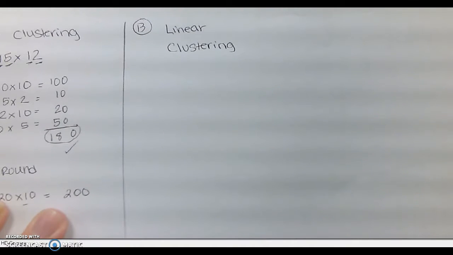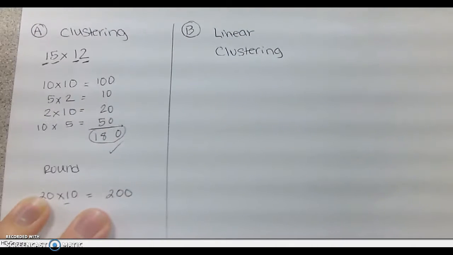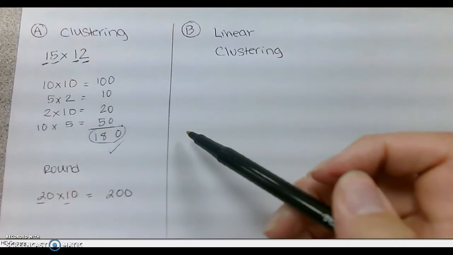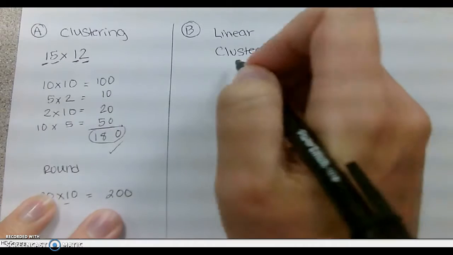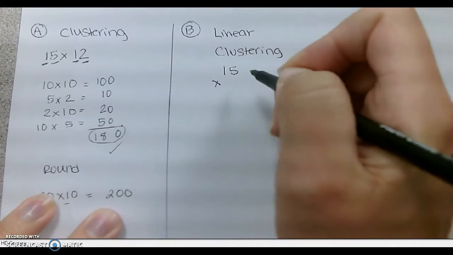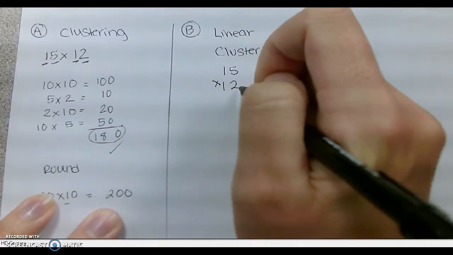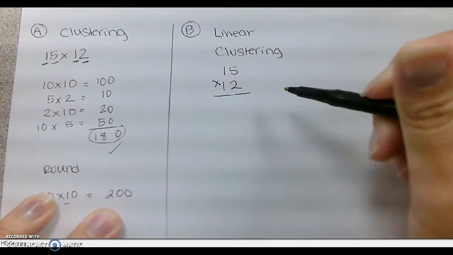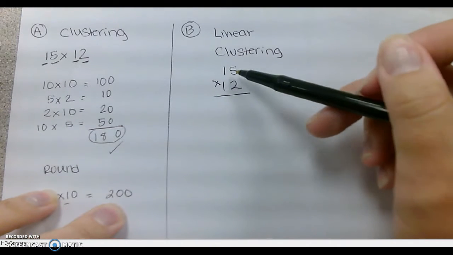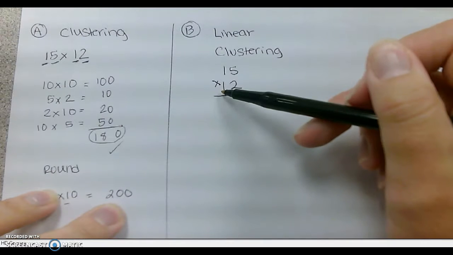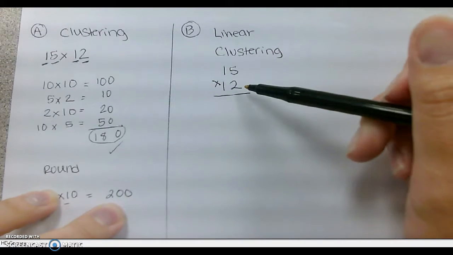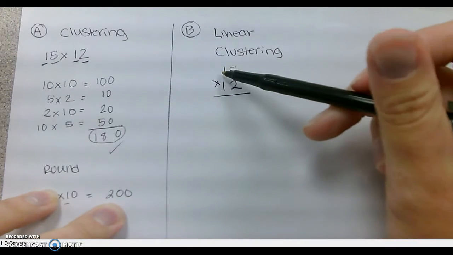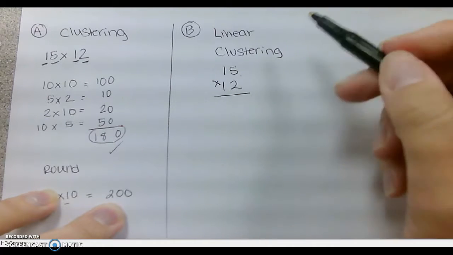For this one, we're going to do the same thing that we did over here, but in a more organized way. So I'm going to write out my equation up and down, 15 times 12. I start by going up, and then I go diagonal. This one is going to go diagonal, and then up. I'm making sure that the bottom numbers are multiplying both of these numbers on top, so it's organized.